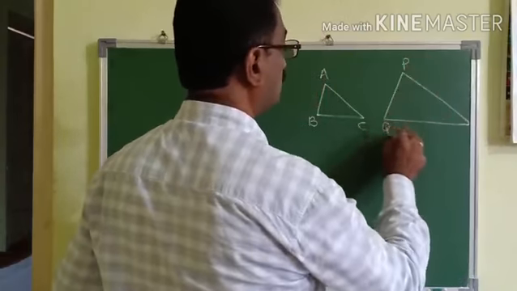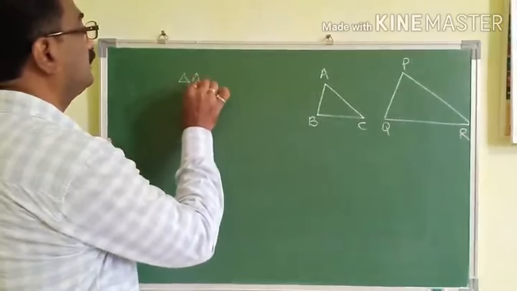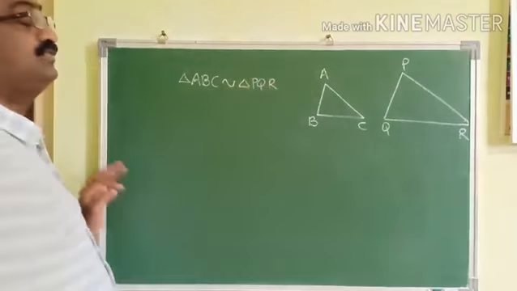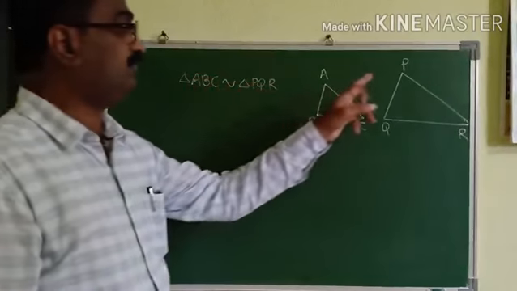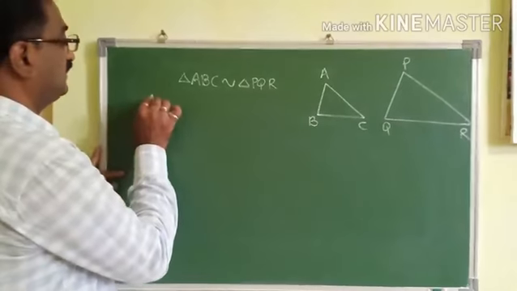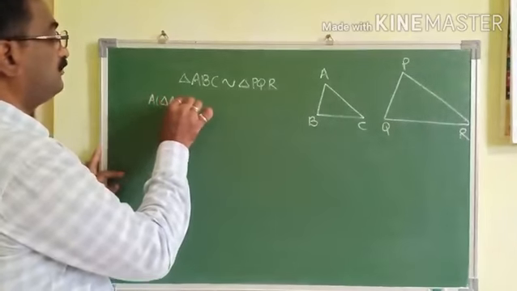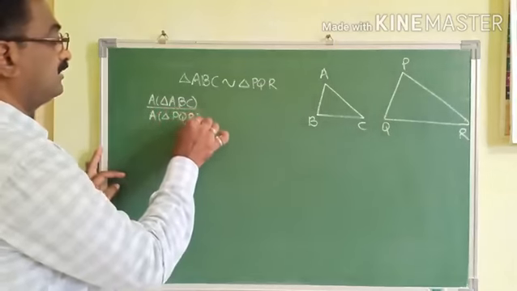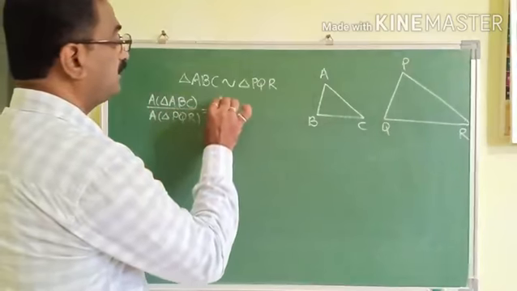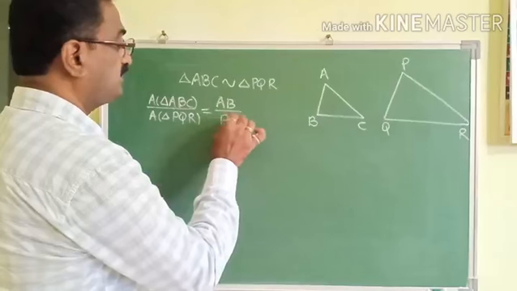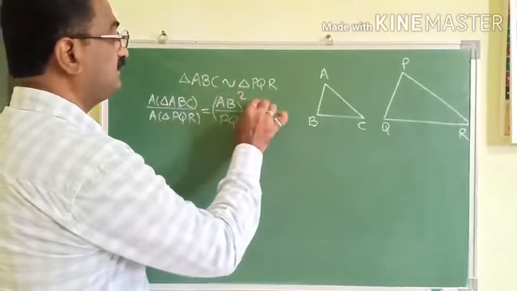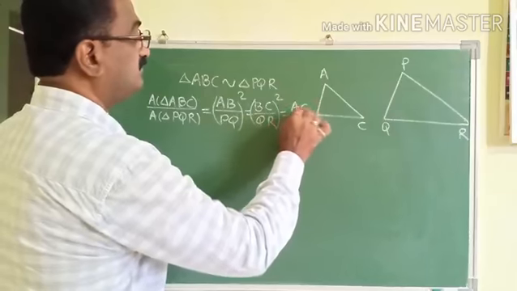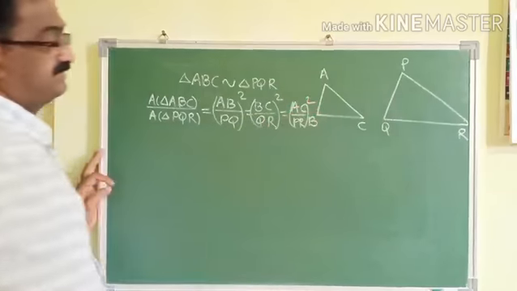If these two triangles are similar, triangle ABC similar to triangle PQR, then the ratio of areas of these two triangles, that means area of triangle ABC upon area of triangle PQR, is equal to AB upon PQ its square, BC upon QR its square, and AC upon PR its square.